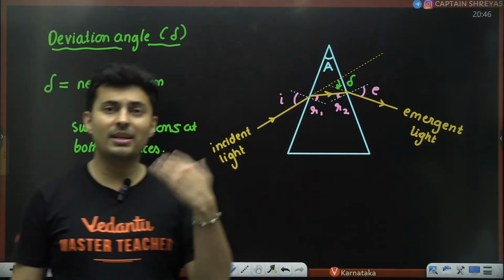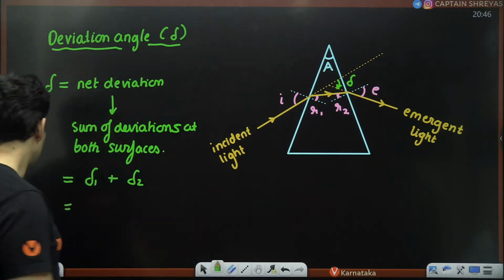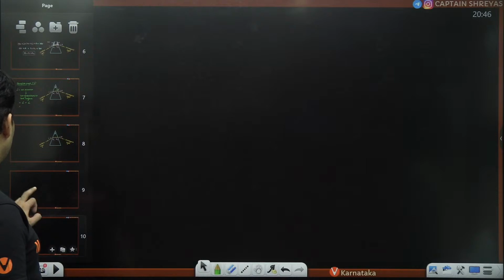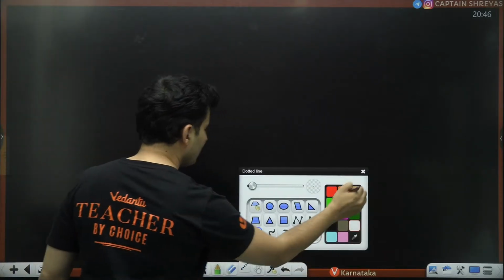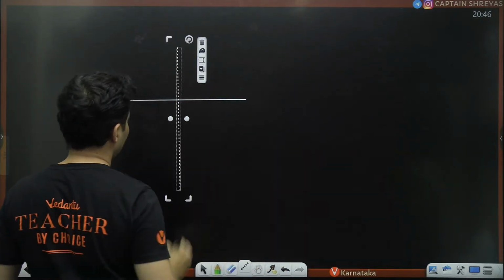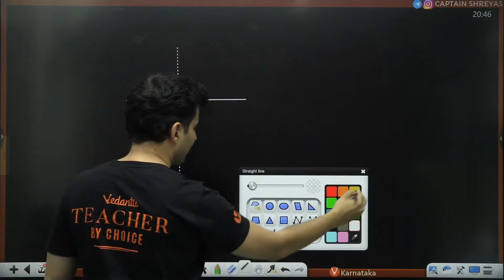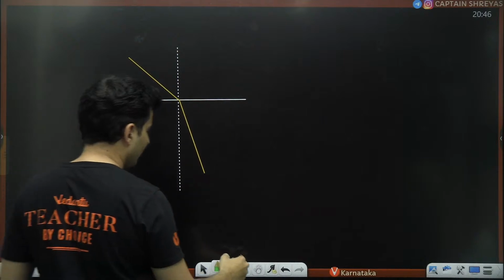There is a formula for refraction whenever incident angle and refracted angle are given. Some of you might have forgotten it, so I might have to remind you. Say you have this surface, this is the normal, this is the light which is entering, and this is the light which is getting refracted.